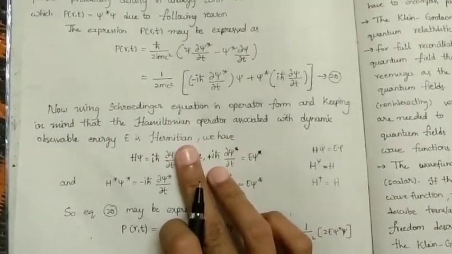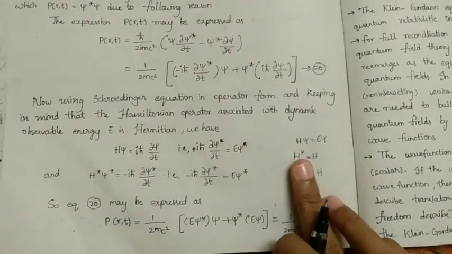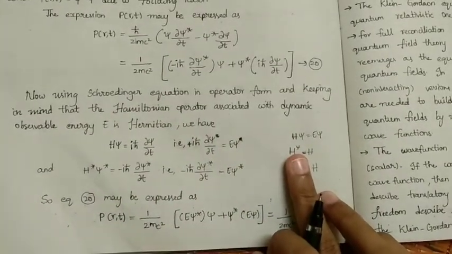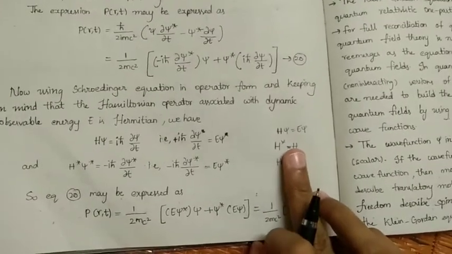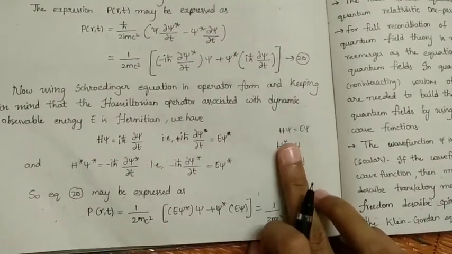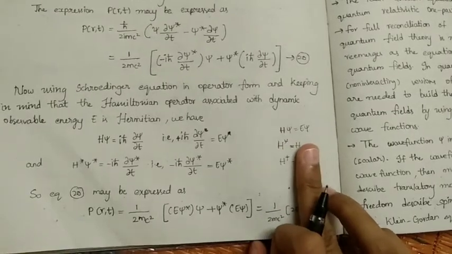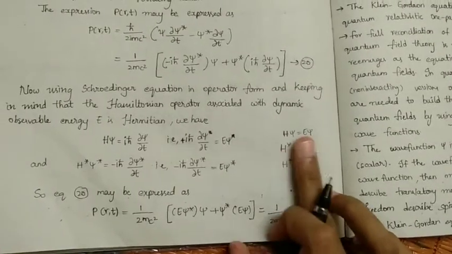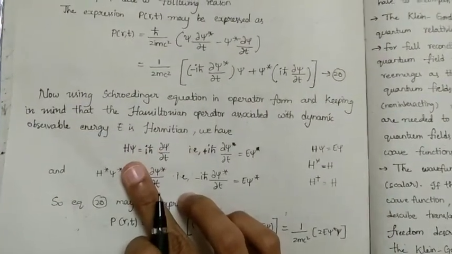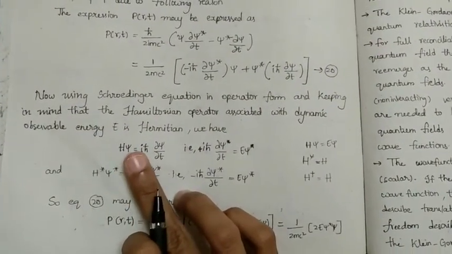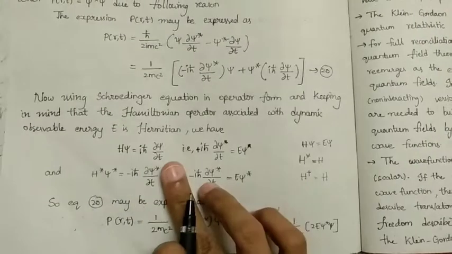An operator is called Hermitian when the transpose conjugate of that operator is equal to the same operator, that is, if H transpose conjugate equals H, we again get the same operator. So from the time dependent Schrödinger equation, we have H xi equals i h cut dou xi by dou t.